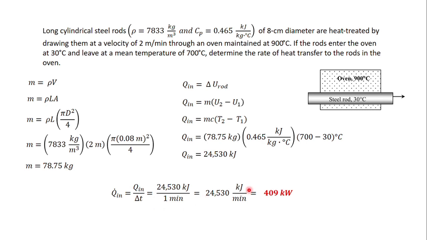Since this is in kilojoules per minute, to convert it into kilowatts we multiply by 1 over 60, since 1 minute is equal to 60 seconds. So, from 24,530 kilojoules per minute, it becomes 409 kilowatts. The rate of heat transfer to the rods in the oven is 409 kilowatts.